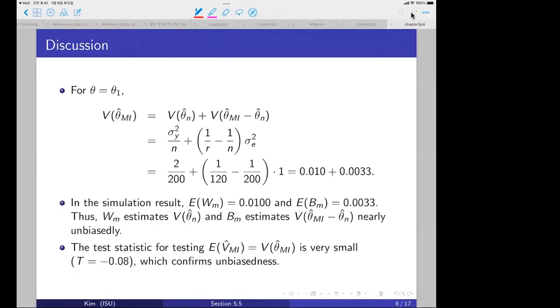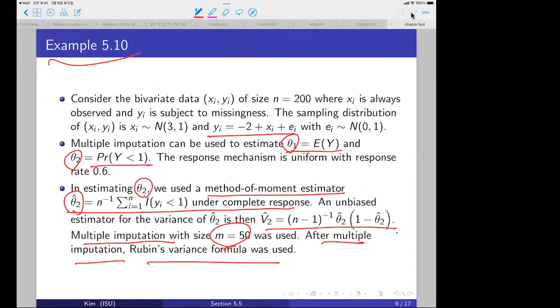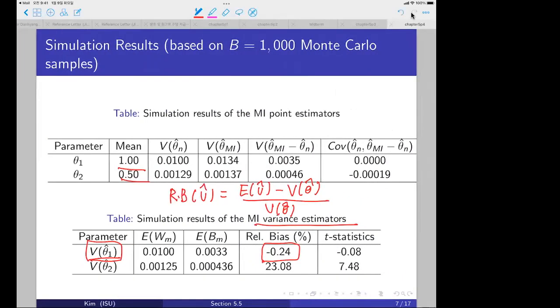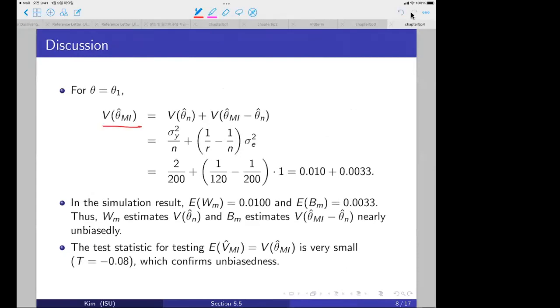Well, this is a really simple model, right? You have a regression model, so you can actually theoretically compute all the components. In the setup, theta 1 is just the sample mean, right? So in the sample mean case, you have a very nice decomposition.